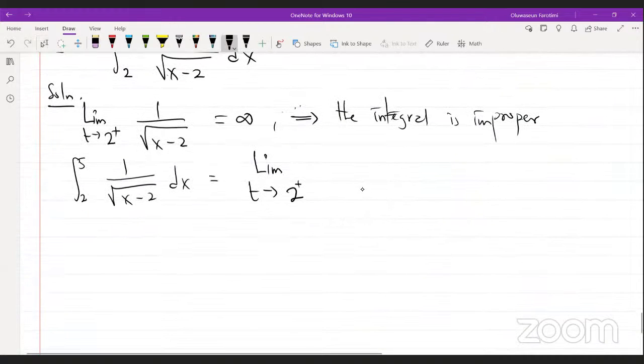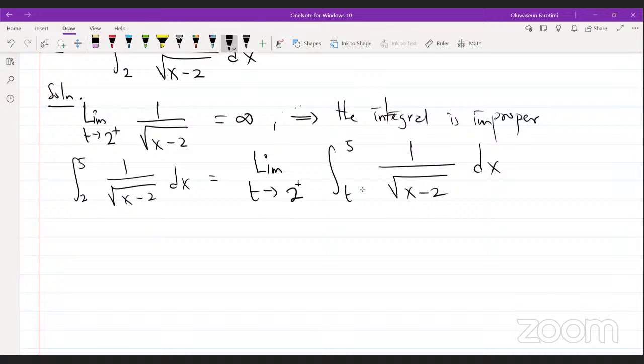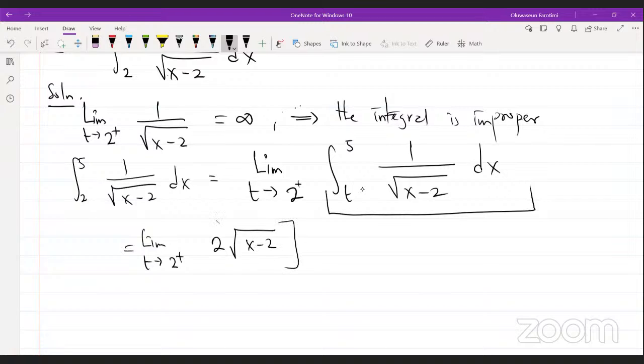So this is going to be the integral from t to 5 of 1 over the square root of x minus 2 dx. That means I have to take care of this guy first. I bet that you guys can actually do that, so I'm just going to tell you what it is. The antiderivative is 2 times the square root of x minus 2, from t to 5.